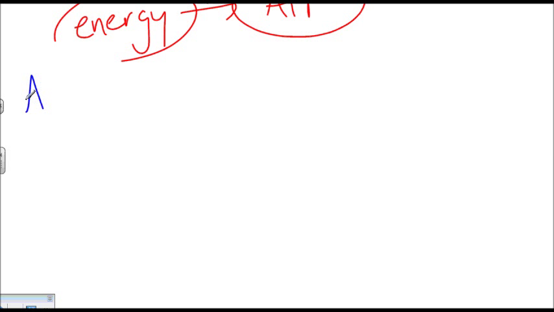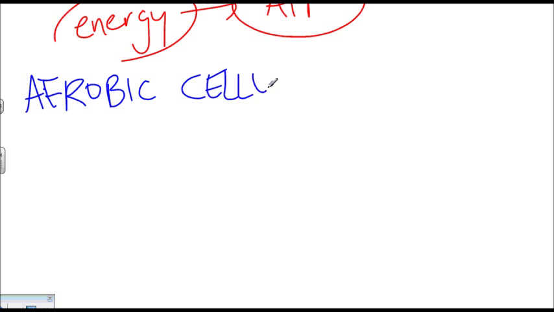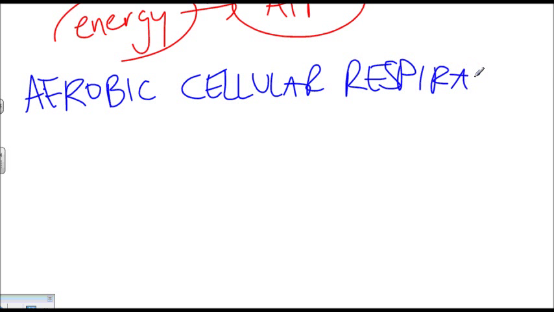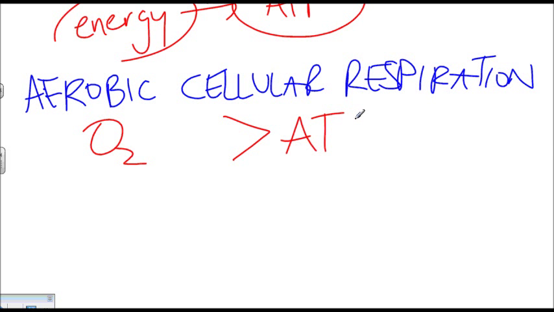Let's look at aerobic cellular respiration. As we said before, this requires oxygen. We need oxygen, and in turn, we are going to produce a great amount of ATP. Aerobic cellular respiration is a two-stage process.